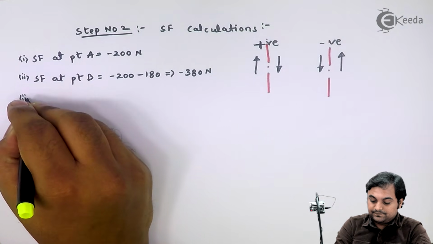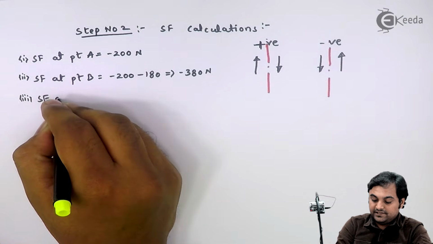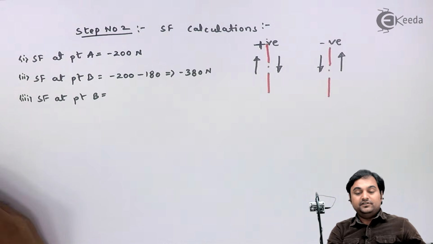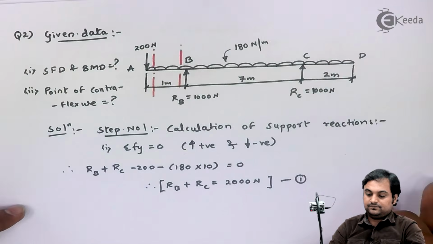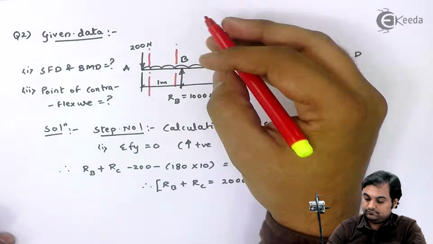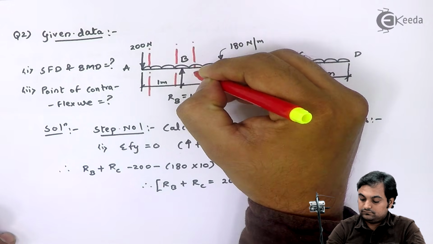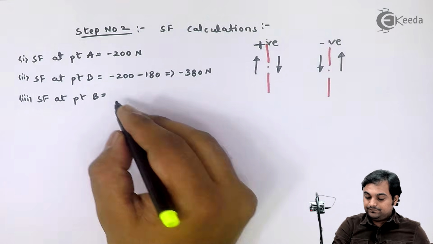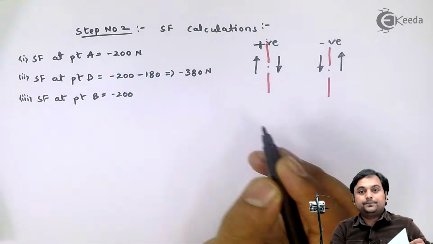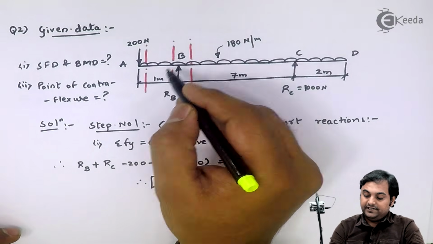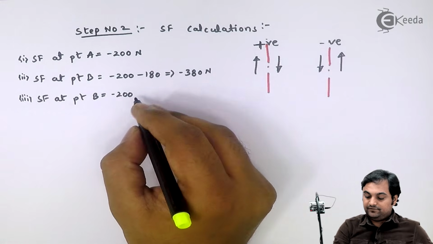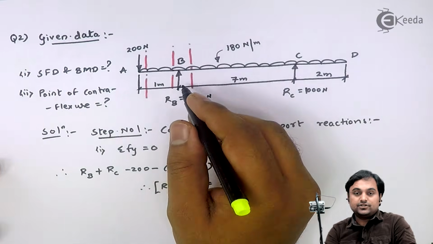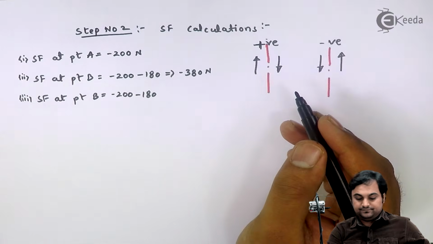Next, again I will calculate SF at point B. Now I will take the section on the right side, right of B. 200 is downward, so minus 200. 180 into 1 is also downward, so negative. 1000 is upward, so positive.